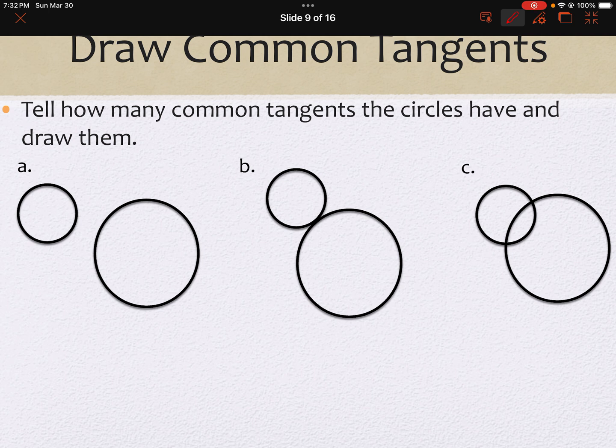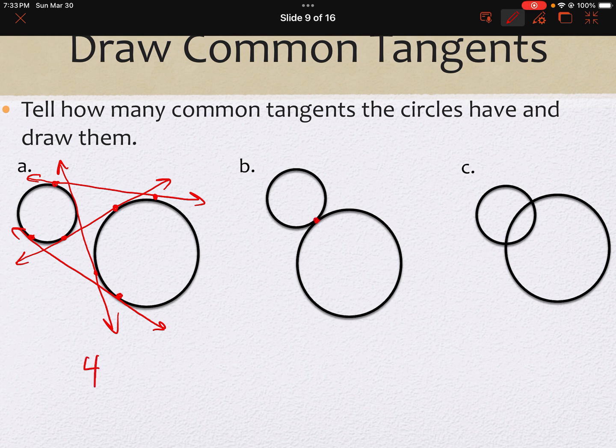And you want to draw them. So you're going to have common tangents going diagonally through the circles, like that, and like that. You're going to have one tangent on top of the circles. And I know I missed there. Just do your best because mine are going to be better than yours. Just take my word for it. So 4 common tangents there.